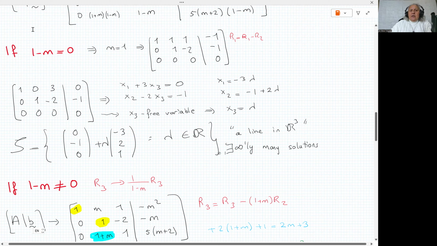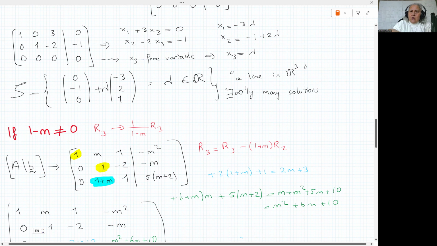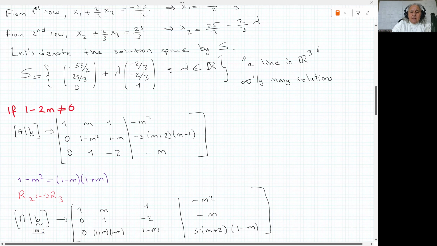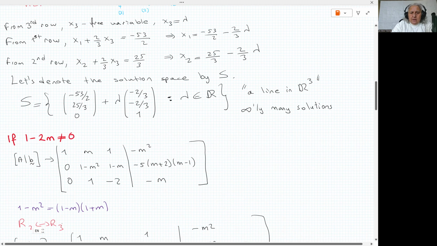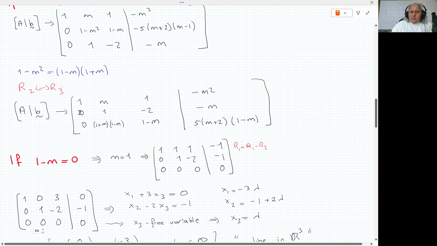Okay, now if 1 minus m is not equal to 0, what is the situation? Then we can divide the row that we obtained by 1 minus m, right? This was the case, and we looked at what will happen if 1 minus m is equal to 0, and what will happen if 1 minus m is not equal to 0.